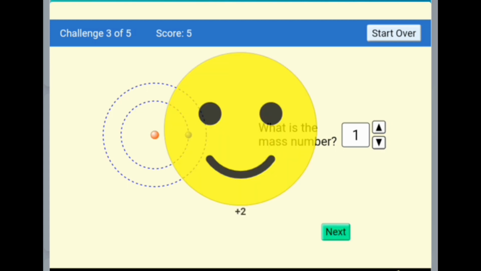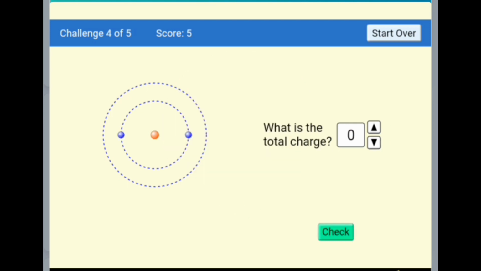Mass number here is 1, because I have just one proton in it. So you're going to be tested using different formats of this game. You will need to spend quality time in the different formats in which the game comes, and by the time you are done, you will be able to attempt the questions that follow.